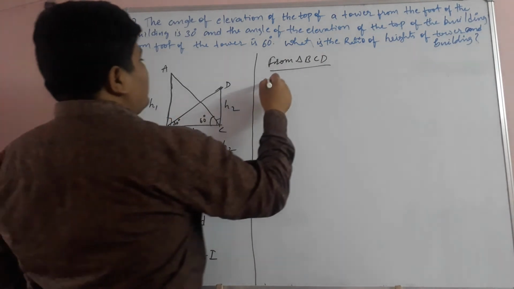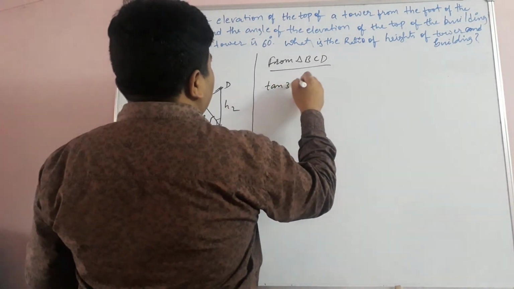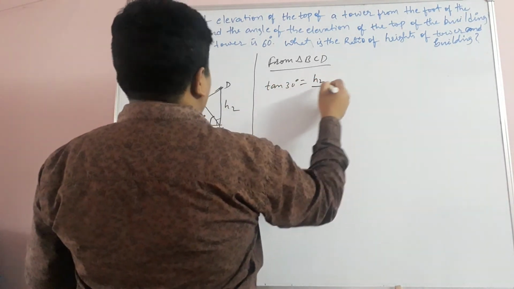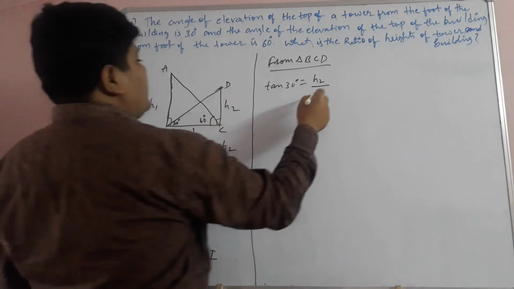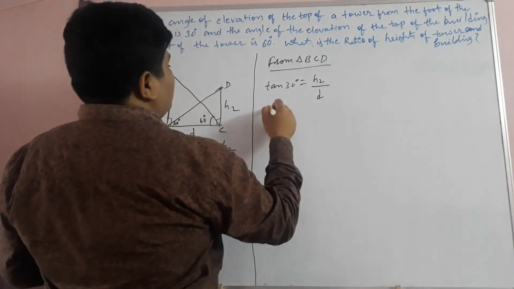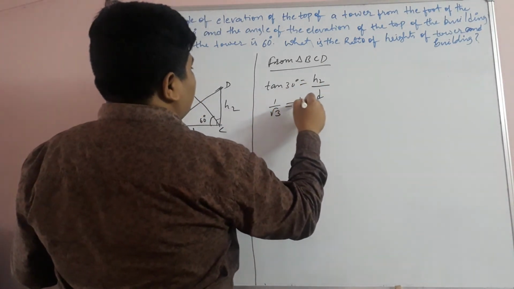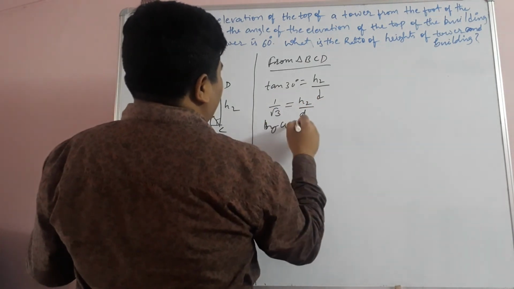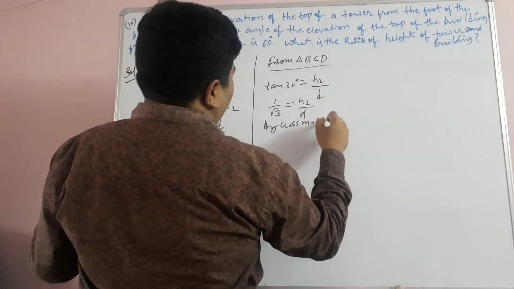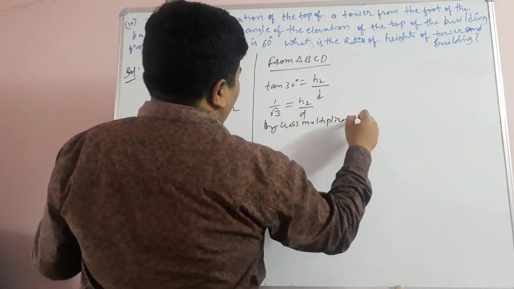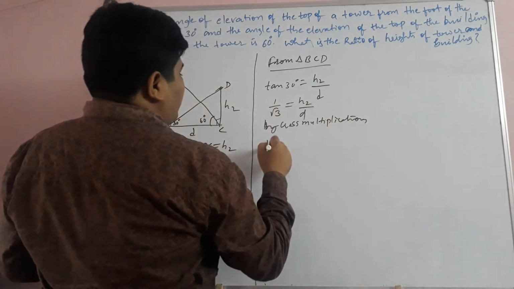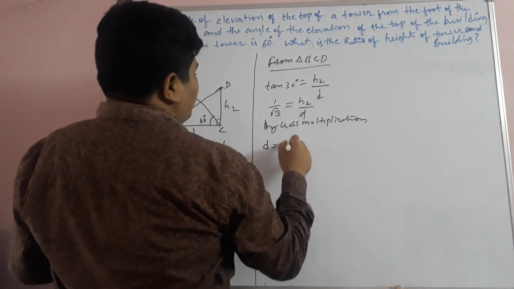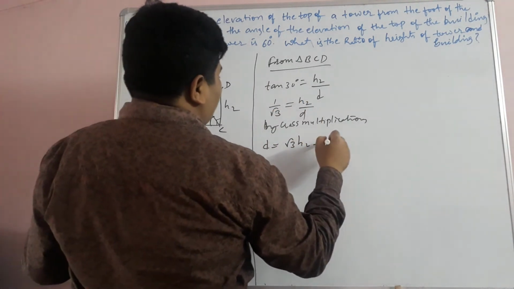So tan 30 degrees is equal to the opposite side H2 by the adjacent side D. And what is the value of tan 30? That's 1 over root 3, which is equal to H2 over D. Now by cross multiplication, what can we write? 1 into D is D, that is root 3 into H2, root 3 H2. Take this as equation 2.